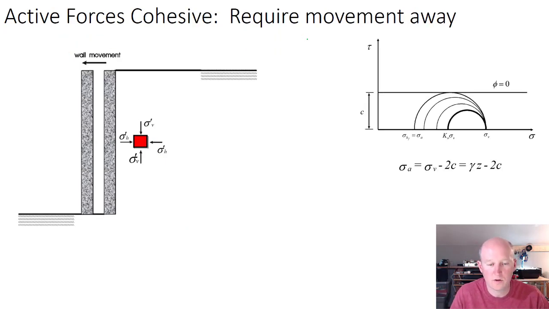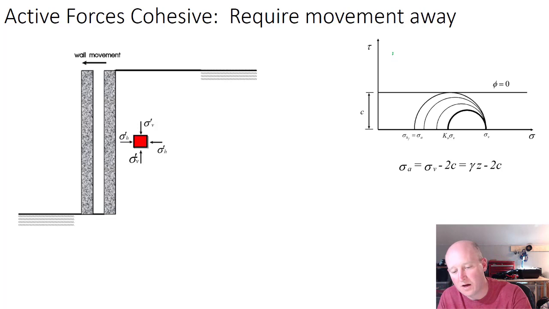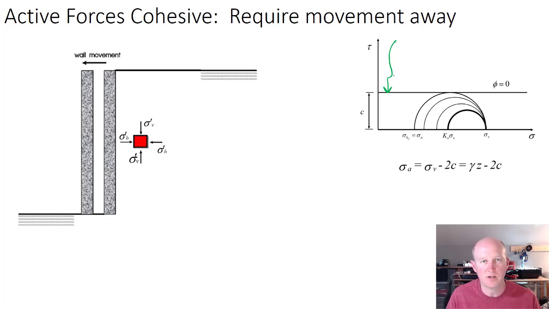So what about for cohesive material? For cohesive material, it's just a different type of failure. We're going to use total stress analysis instead of effective stress analysis, and we want to review real quickly why that is. Basically, there's not time to allow volume change, and if there isn't going to be volume change, then there can't be an increase or decrease in strength based on changes in stress.